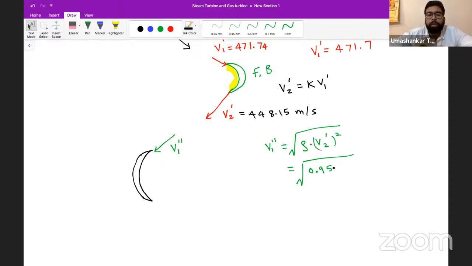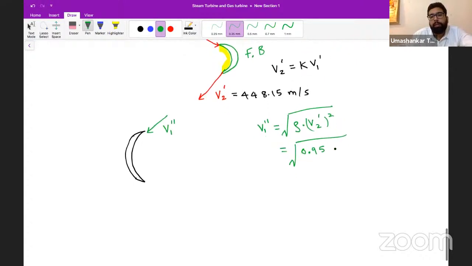Do not consider that it is changing from stage to stage if no such information is provided to you. So it is 0.95, and V2 dash is 448.15 square. So can somebody tell me the value of V1 double dash? It is coming out to be 436.7.